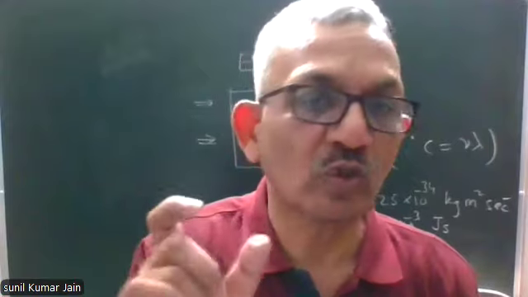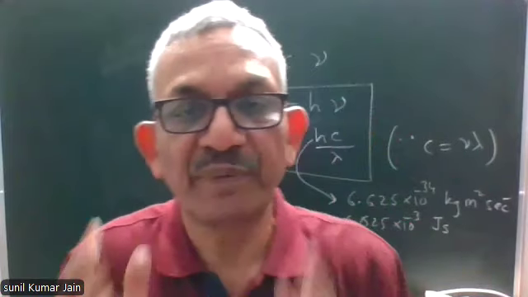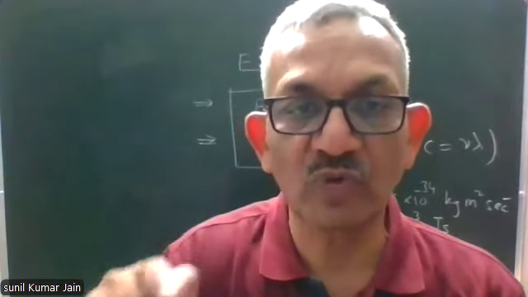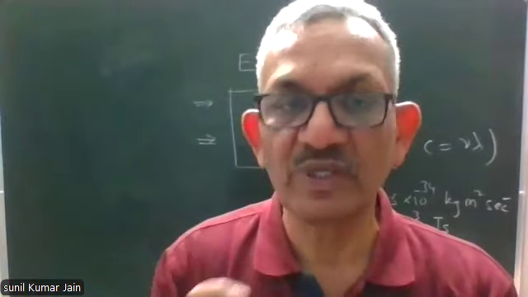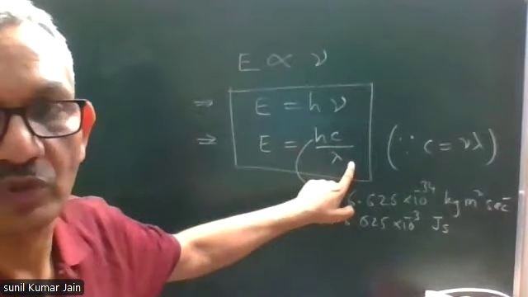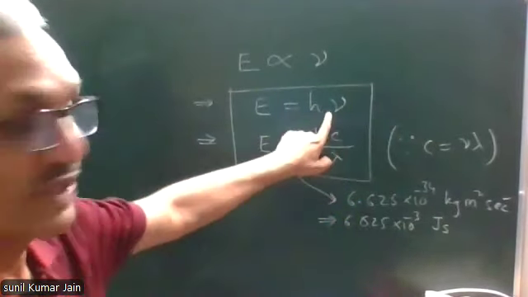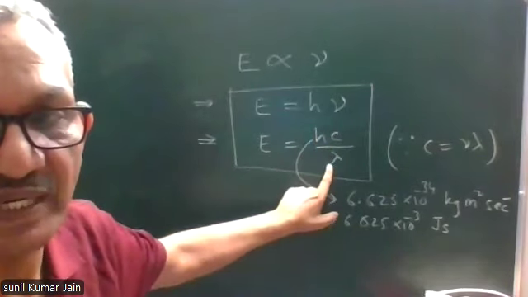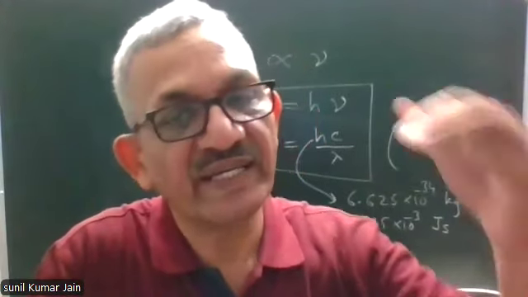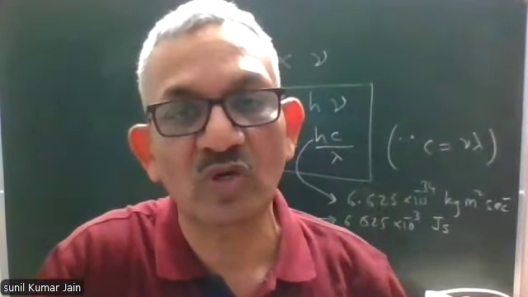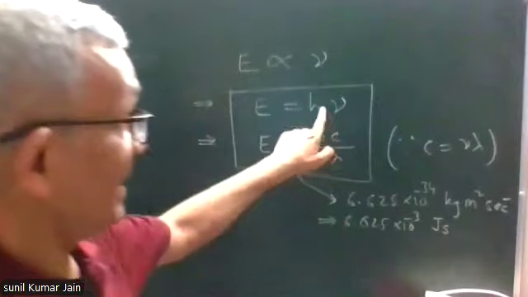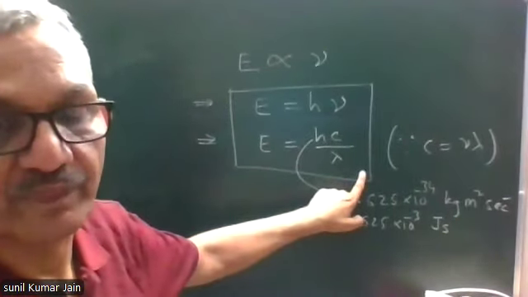It means total energy absorbed by that piece of metal will be number of photons which it absorbs or emits multiplied by the energy of one photon. See, look here, energy of one photon is h nu or hc by lambda. In case it absorbs x number of photons, or releases x number of photons, then the total energy absorbed or released will be x times this value.